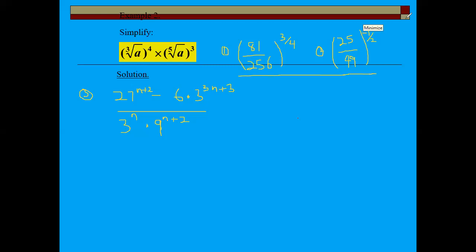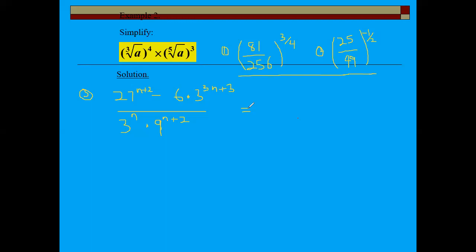Okay, so before we deal with the powers, we have to make sure the bases are the same numbers.